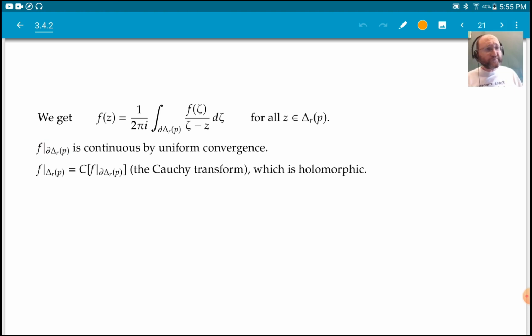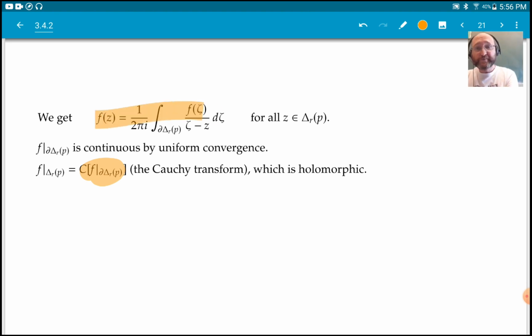So what we can say, something that we proved last time, is that the Cauchy transform, for which we necessarily needed a continuous function, and the way that we proved it was with a continuous function.